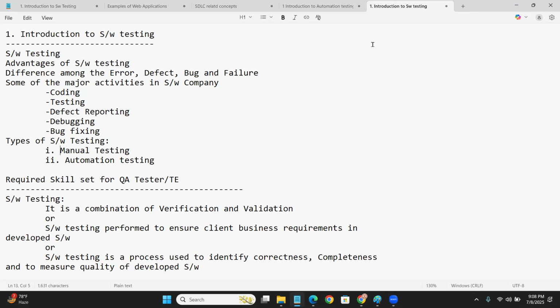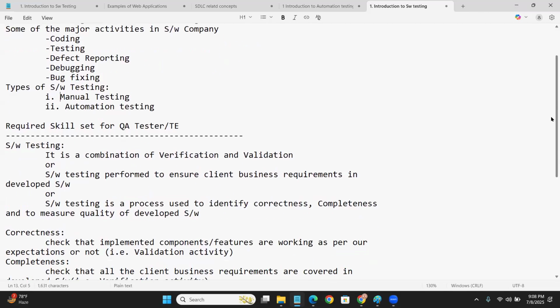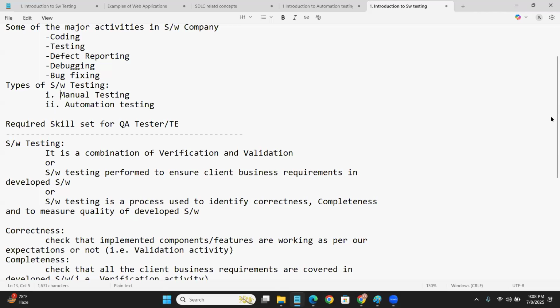As part of that, in the last session I explained what software testing is. It is a combination of verification and validation. In other words, we can say software testing is performed to ensure client business requirements in the developed software.